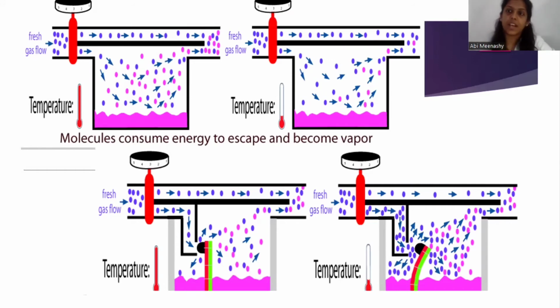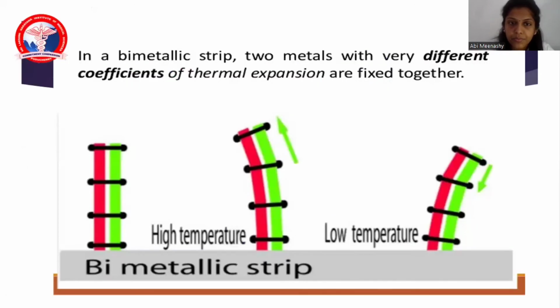So that is how this bimetallic strip will help us to maintain the output normally. When temperature is high, it will limit the gas that is going inside the vaporizing chamber. And when temperature is low, it will increase the gas that is going inside the vaporizing chamber. Bimetallic strip is made of two metals with two different coefficients of thermal expansion. These two metals are stuck together.